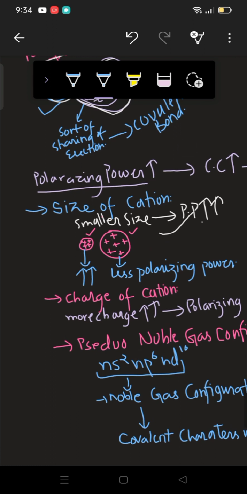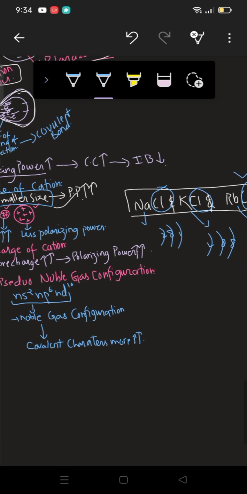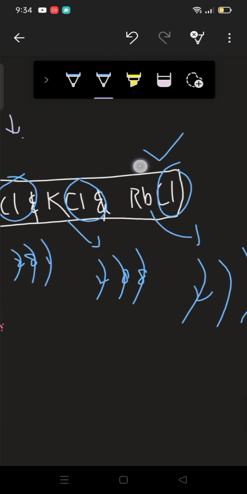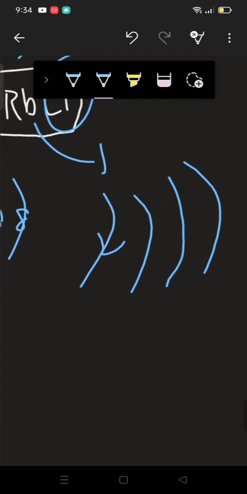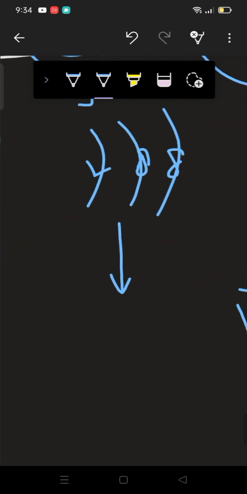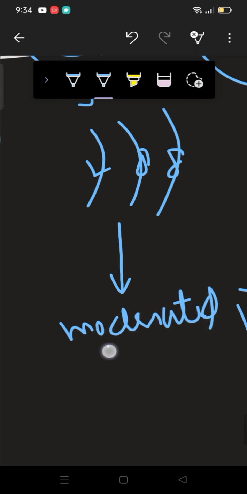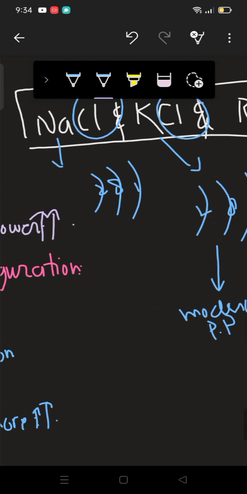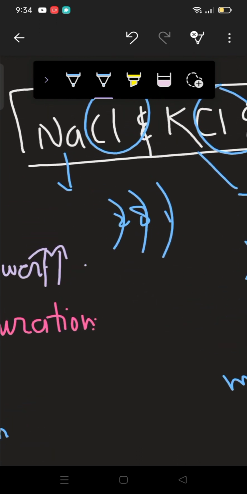Now we have already talked about the size factor. The smaller the size, the more polarizing power there will be. So rubidium has larger size, which means it has smaller polarizing power, and NaCl has smaller size, which means it has more polarizing power.